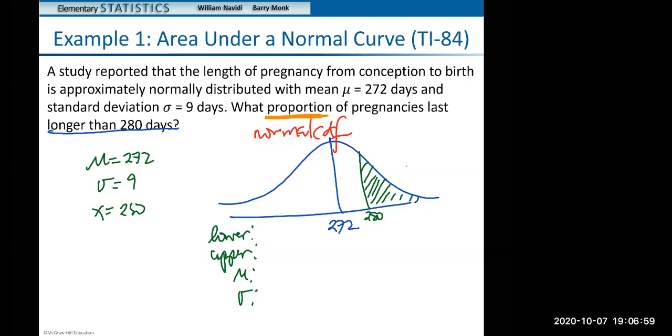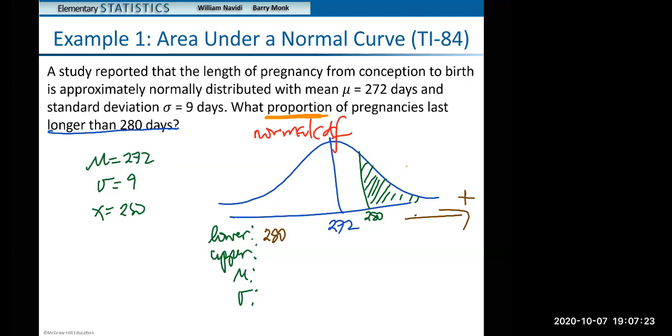What is 280? Upper? That is lower, because longer than 280 days means to its right. From 280 to the right is up to the positive side. So that's why this should be the lower.